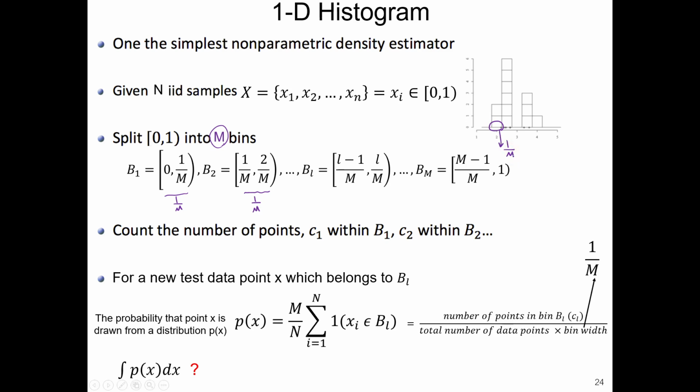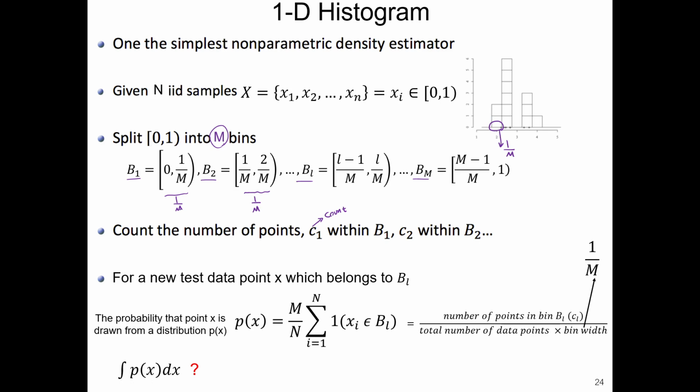Why is it 1 over n? Because again, our case is between 0 and 1. And this is our bin 1, bin 2, bin L, and bin m. C means count. Well, for us, count is the same as frequency, right?